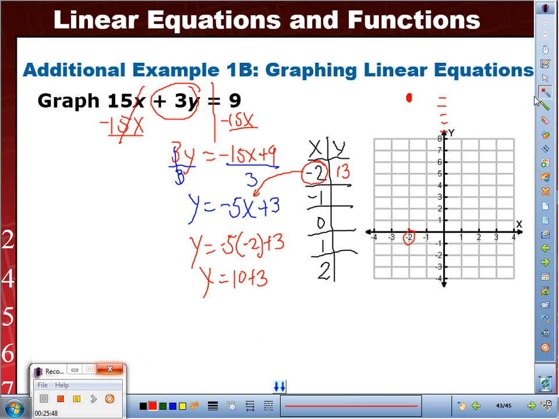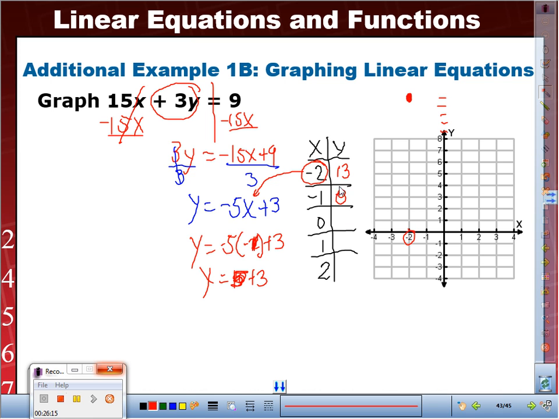So, the next value is negative 1. What is our y value for that one, Sage? If we substitute negative 1 here, what is negative 5 times negative 1? Positive 5. So this is 8.